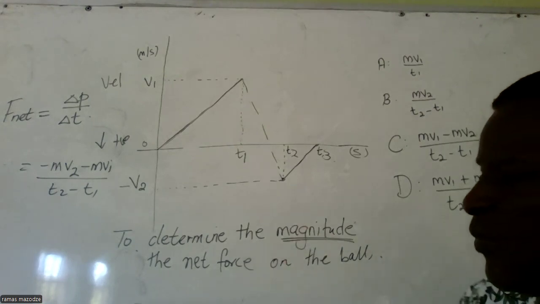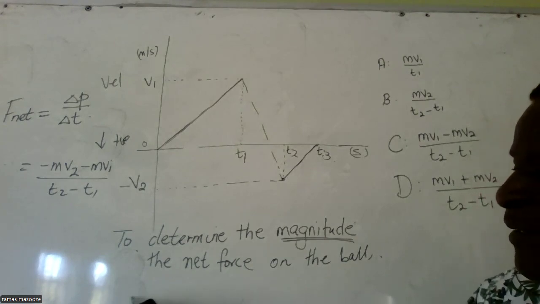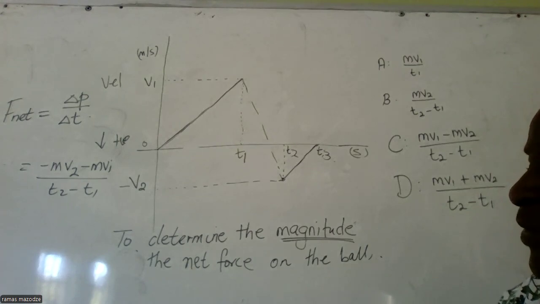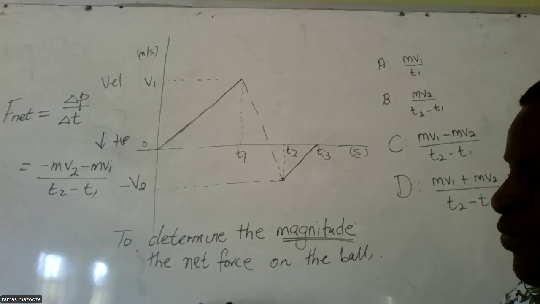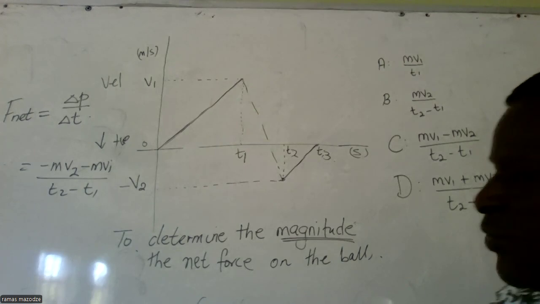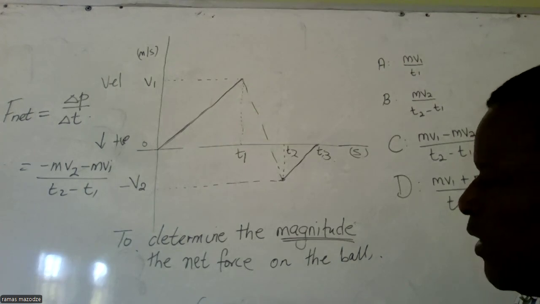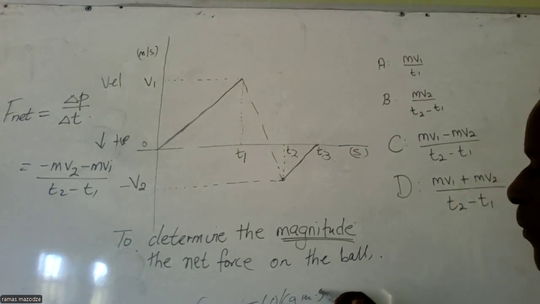So 2 times minus 2 is minus 4. After collision, the momentum is minus 4. Just before collision, let's say the velocity was 3 meters per second positive, times 2, that would be 6 kilograms meters per second, mass times velocity. So your change in momentum would be minus 10 kilograms meters per second.